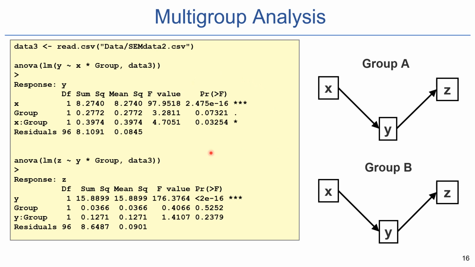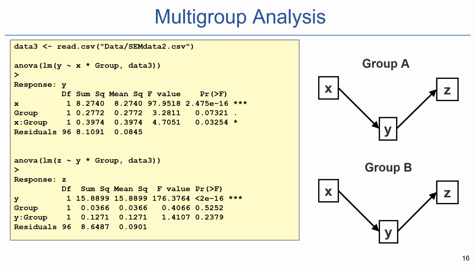And here you can see the result that the interaction of X and group is significant and the interaction of Y and group is not significant. Then in regression, we would estimate the effect of Y on Z using the entire data set. We would remove the interaction and we would report that single constrained coefficient across all the groups.